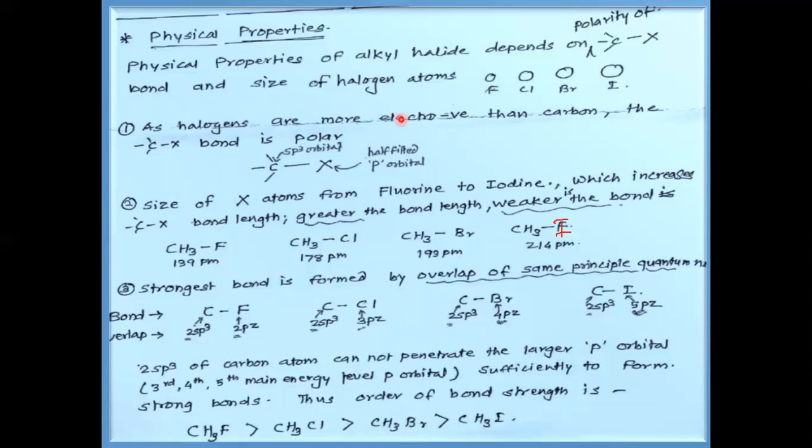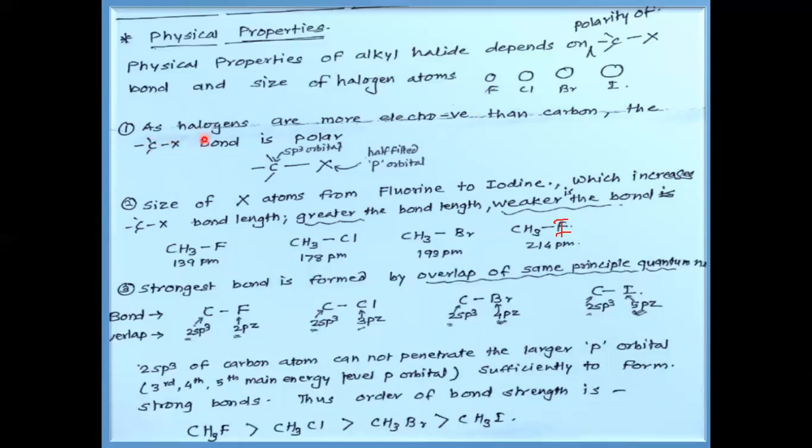Now, as halogens are more electronegative than carbon, this C-X bond is a polar bond. That is, the shared electron pair is shifted towards the halogen side, and the halogen gets a partial negative and the carbon gets a partial positive charge.